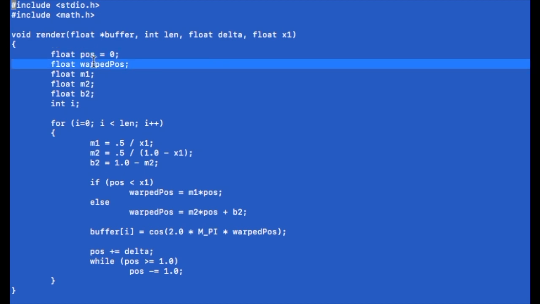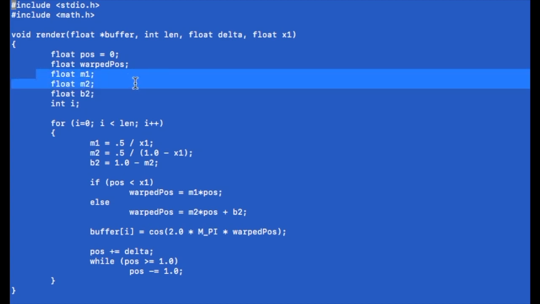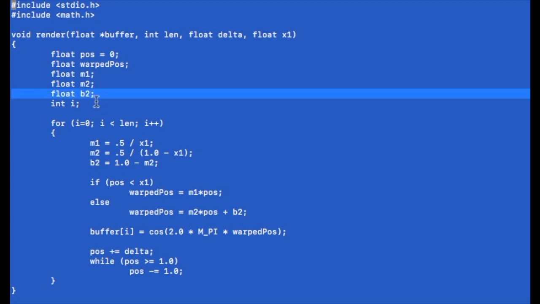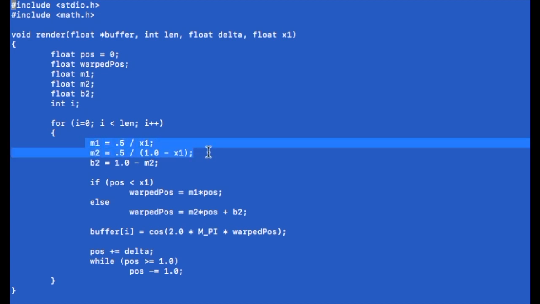And we have the warp position. That's what we're going to return after we do that math to figure out where we really are on that cosine, what we want to fill the buffer with. And then we have our two slopes, M1 and M2, and our y offset for the second equation. We're just going to calculate all these at the top for clarity.